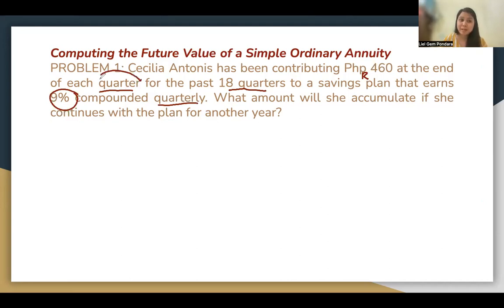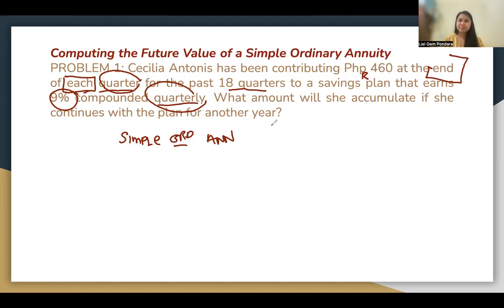When is the payment made? Every quarter. The compounding period, it's quarterly. So this is a simple annuity because they are the same. When was the payment done? The payment was done at the end of each quarter. So it is a simple ordinary annuity.